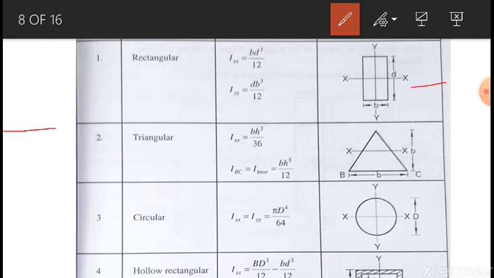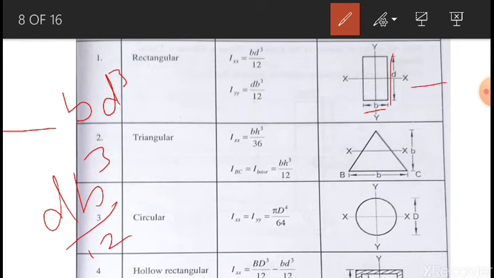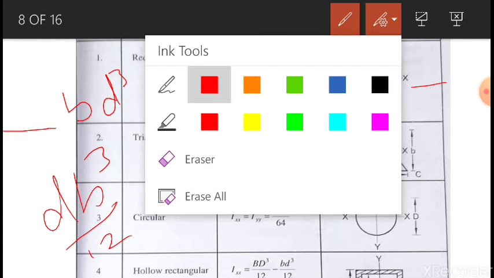Along the x-axis the formula is b d cube by 12. If it is along the y-axis, then it is d b cube by 12.